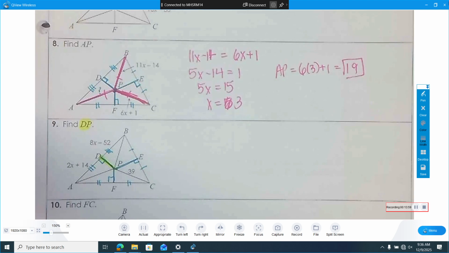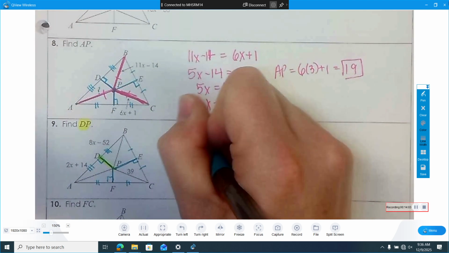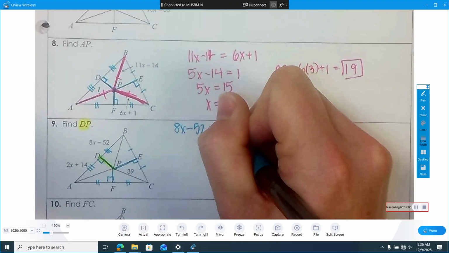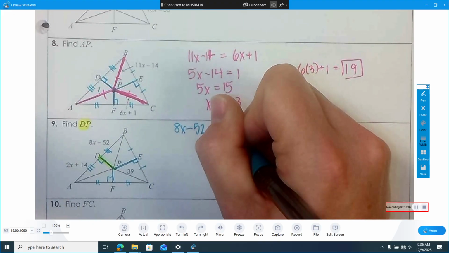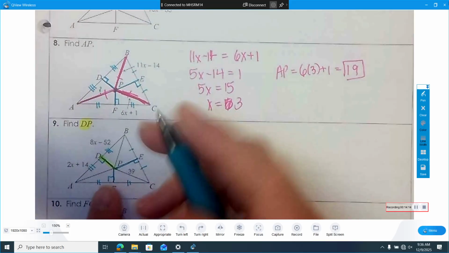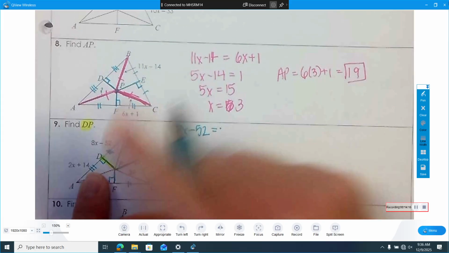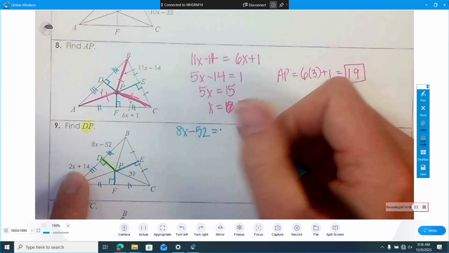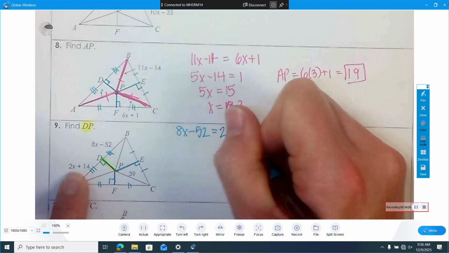So can we do 8x minus 52? Is equal to 39? No, 2x. Okay, so these two segments are congruent. So 8x minus 52 is equal to 2x plus 14.